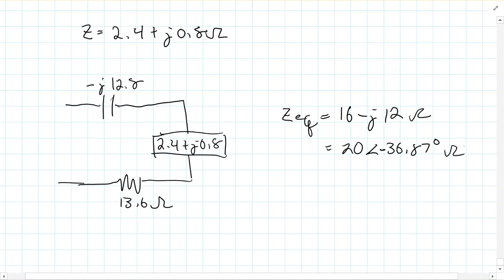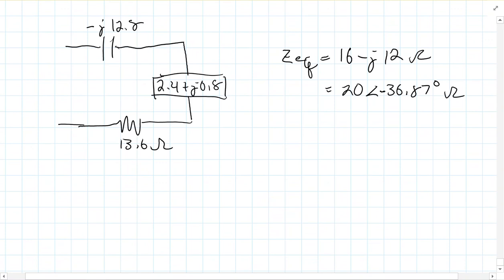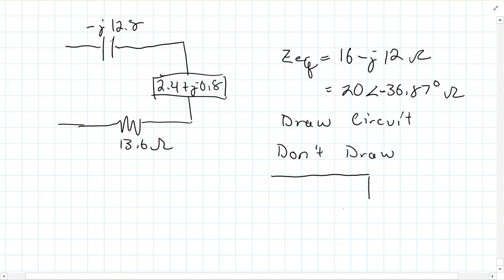But actually rectangular is preferable to leave it as. But if you want to draw the circuit, here I'm going to show you, don't draw just 16 minus J12 ohm.